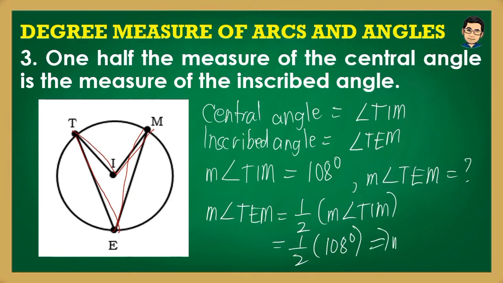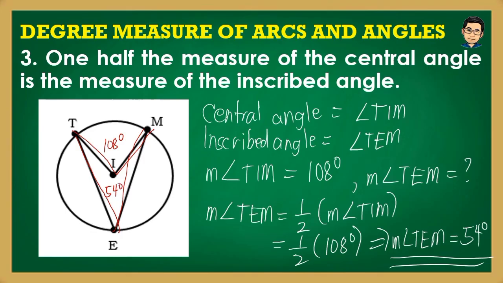The measure of TEM is 108 divided by 2, that is 54 degrees. That is the measure of our inscribed angle. Let's write it here to be clear. This is 108 degrees, and this is 54 degrees.